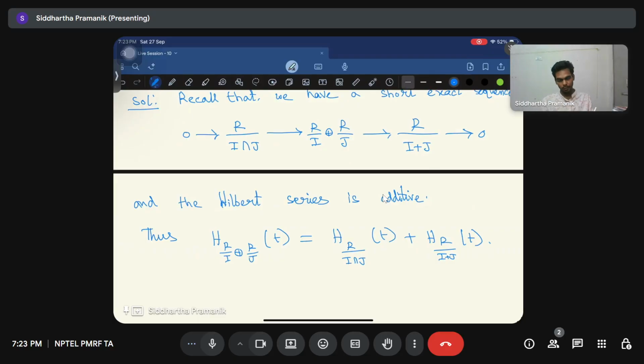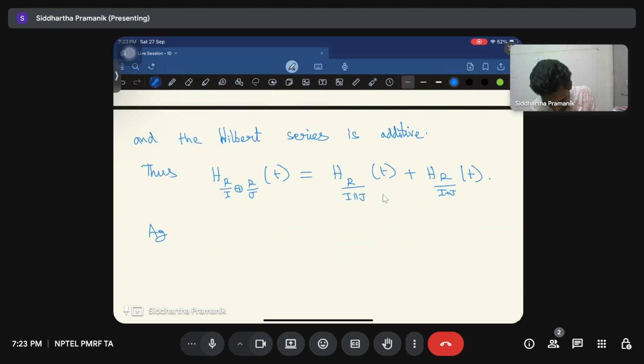Now again, this thing we can split. The Hilbert series of R mod I direct sum R mod J of t is the same as the Hilbert series of R mod I of t plus the Hilbert series of R mod J of t. Why?